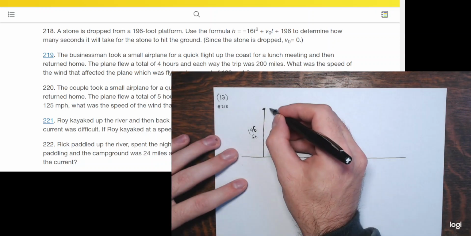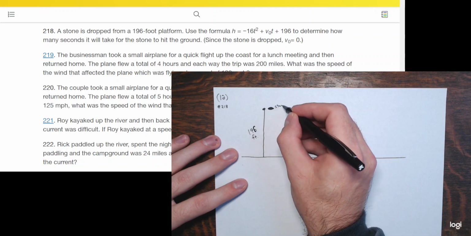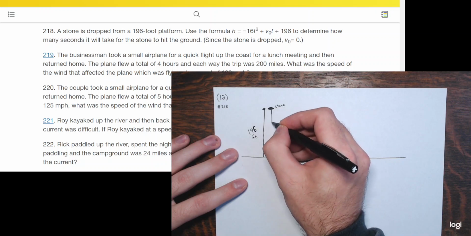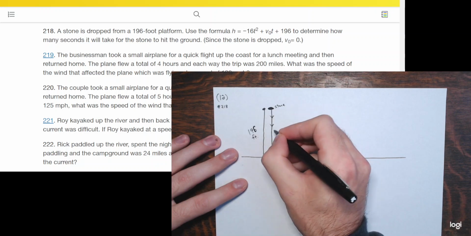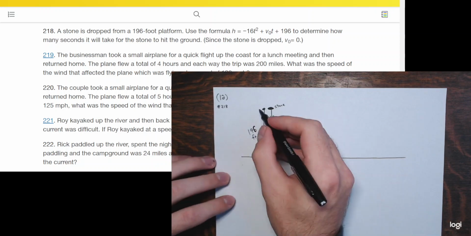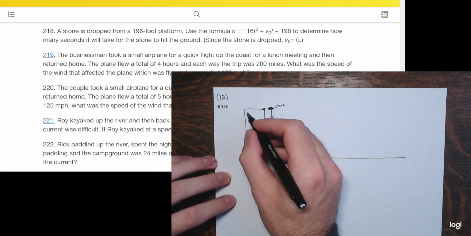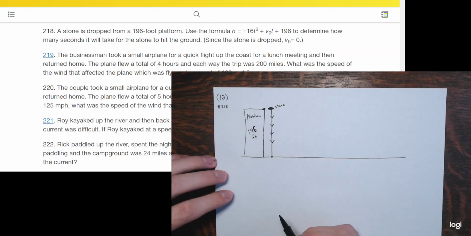So here's this, let's say this is the stone, and it's simply dropped. And it's going down, down, down, right? That's it. Here's the platform, and the stone is just dropped.